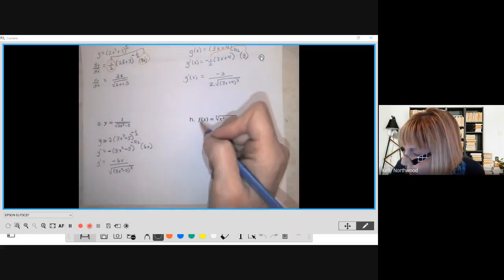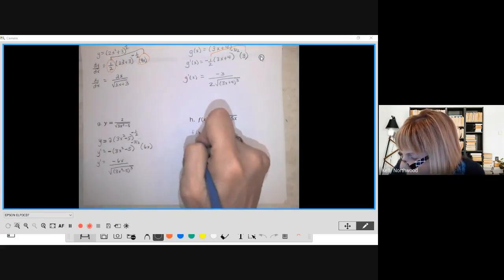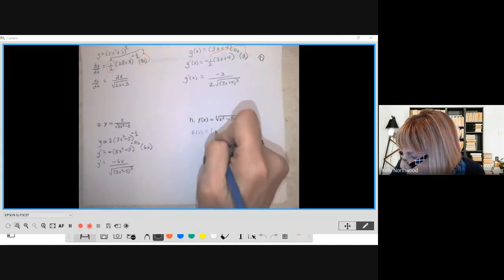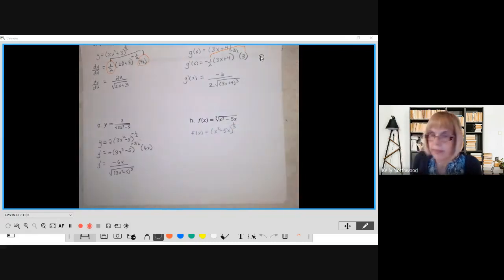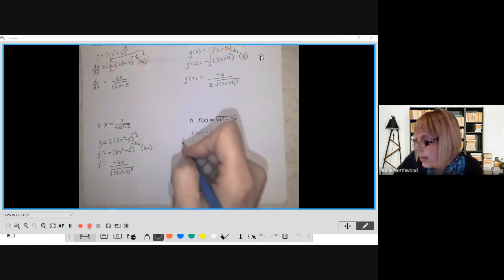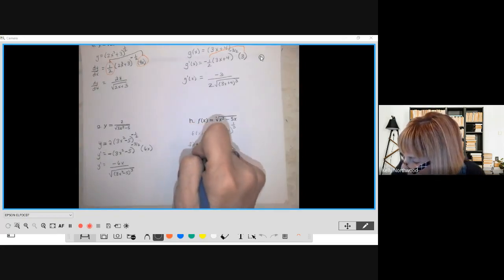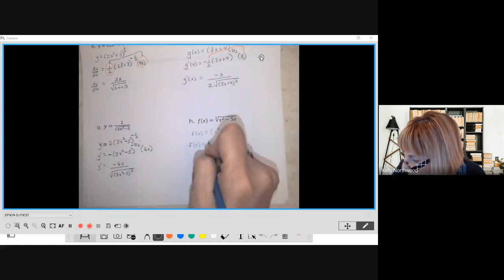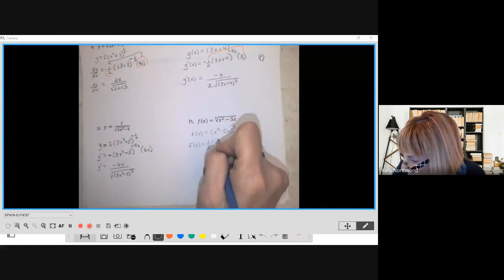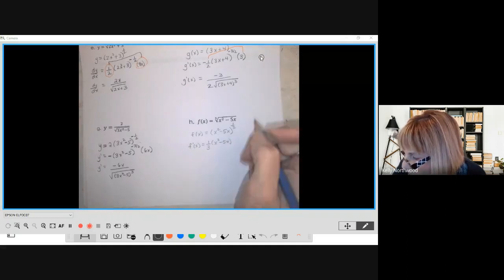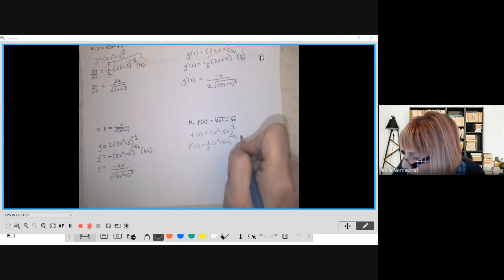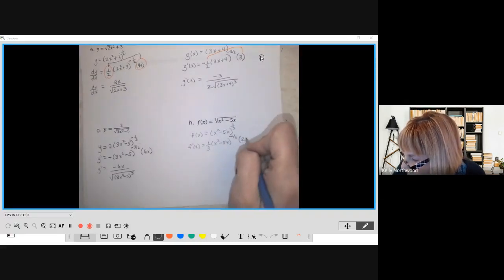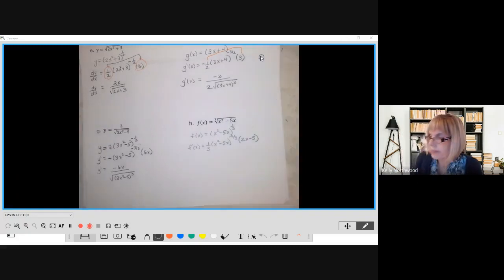Okay, and for h, first we're going to rewrite it again as x squared minus 5x to the 1/3. And now we're going to find the derivative. So outer derivative is going to be 1/3 times x squared minus 5x to the negative 2/3, multiplied by the inner derivative, which is 2x minus 5.